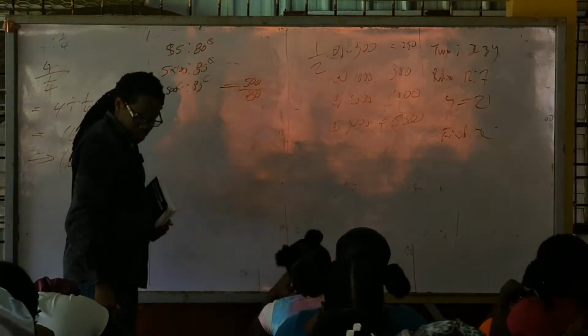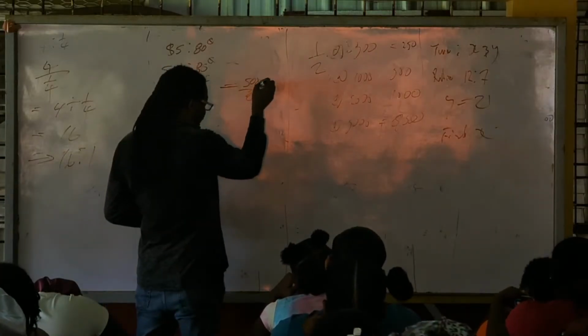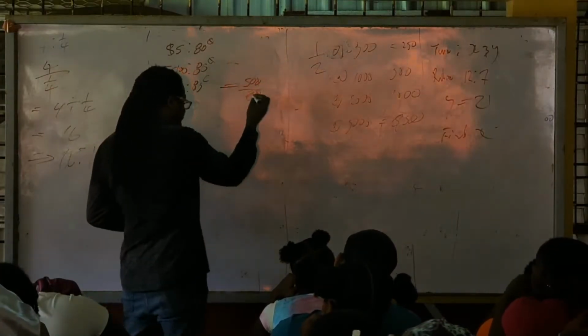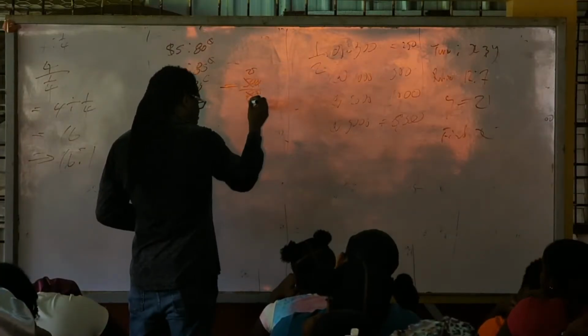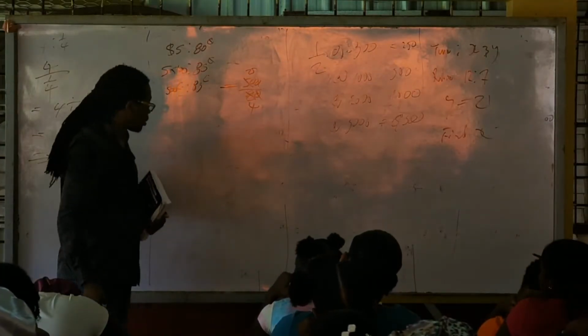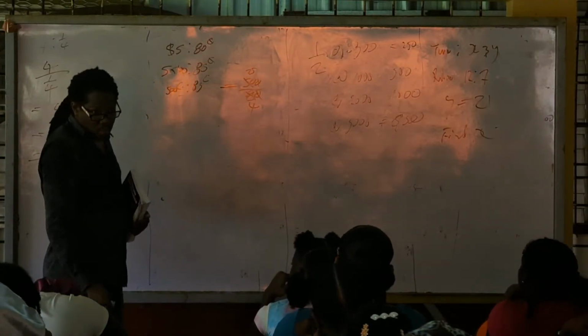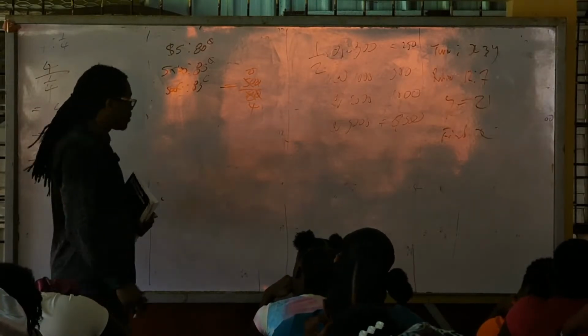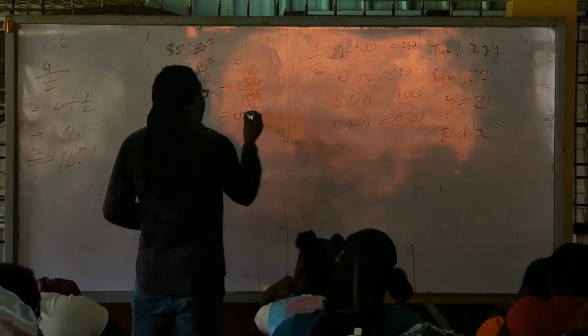Can break down; 10 can go into that. Everybody see that? So now I have 50 over 8. 2 into that is 25, 2 into that is 4. Can 2 go into 25? No. So I can't go further. So the answer is equal to 25 over 4.